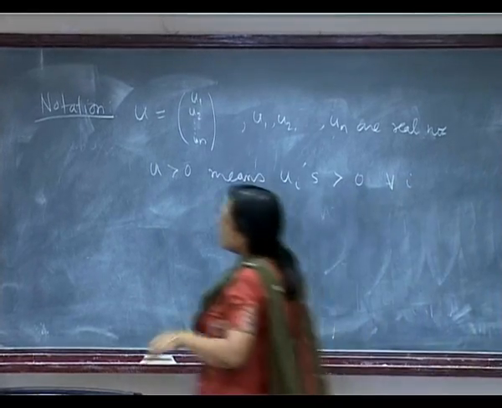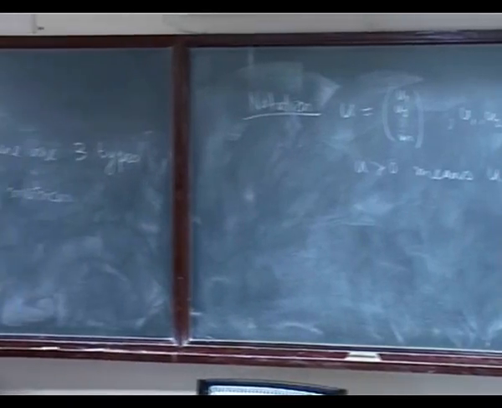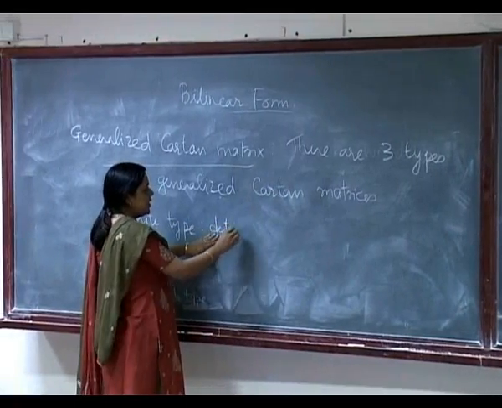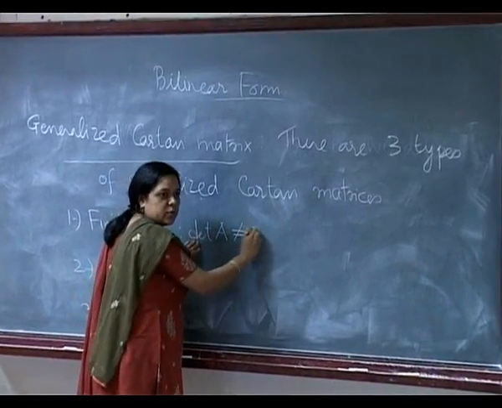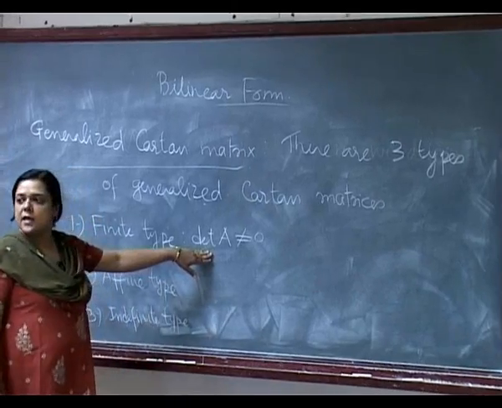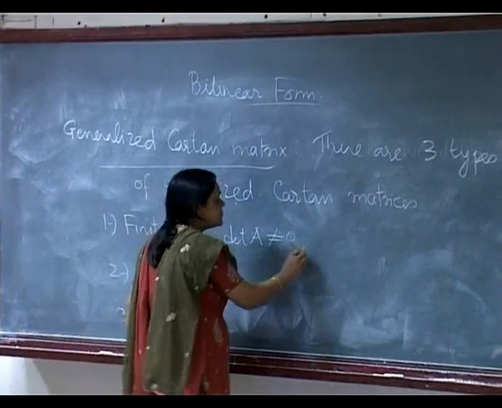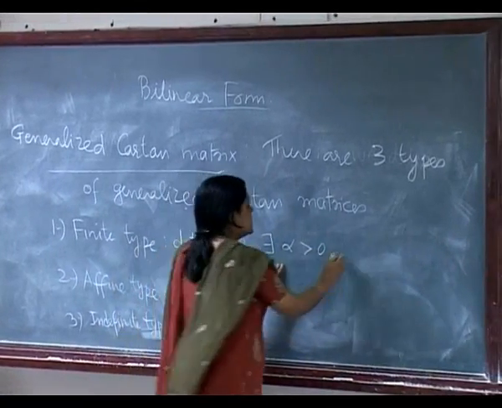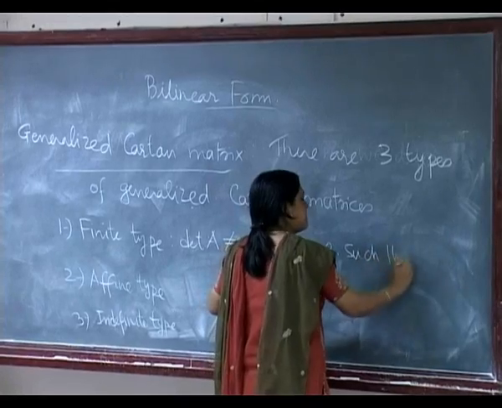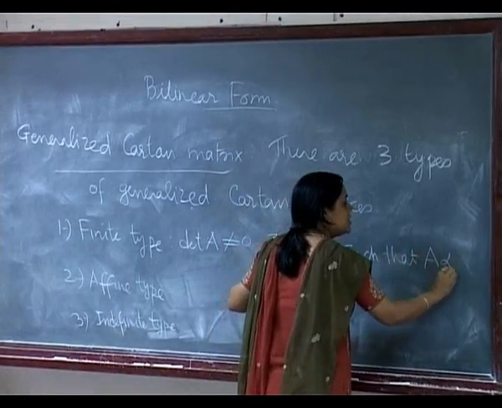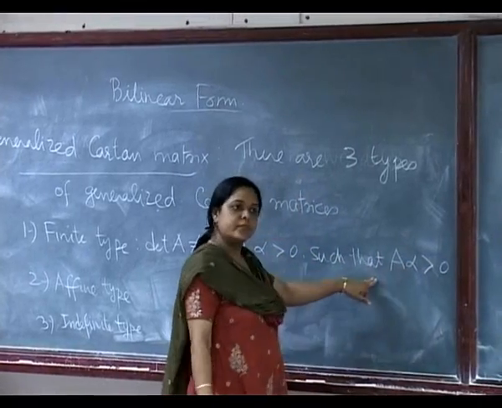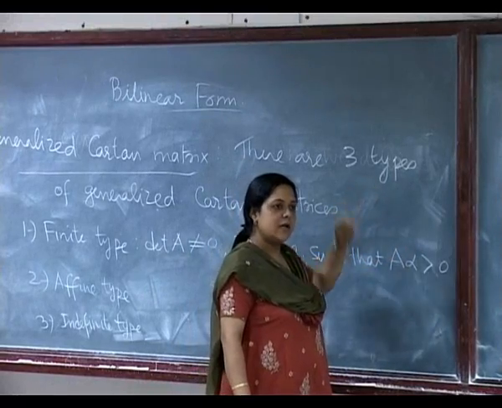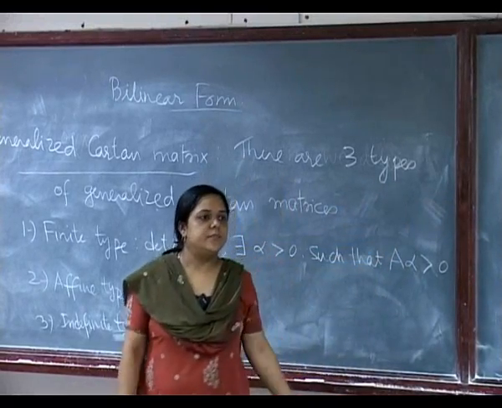So, finite type matrix means determinant of A is not equal to 0. This is a rank n matrix and there exists alpha greater than 0 such that A alpha is also greater than 0. Alpha is a column vector and all the entries are positive.